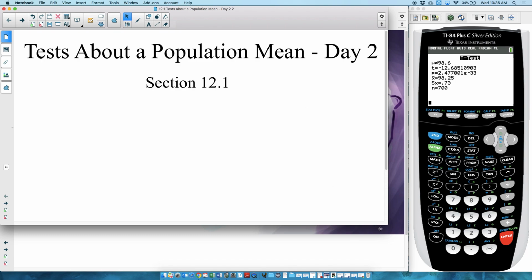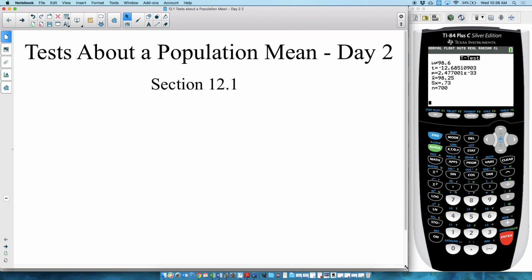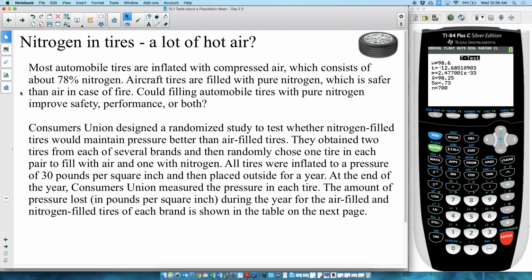Okay, so let's try to go through another test really quickly for the mean difference. Most automobile tires are inflated with compressed air, which consists of about 78% nitrogen. Aircraft tires are filled with pure nitrogen, which is safer than air in case of fire, because oxygen obviously burns.